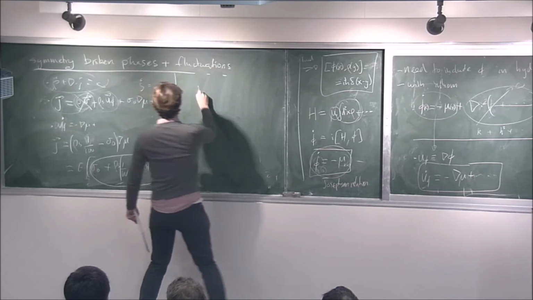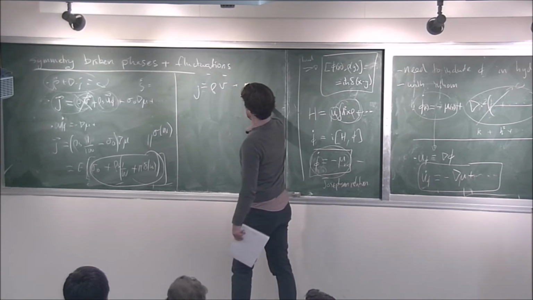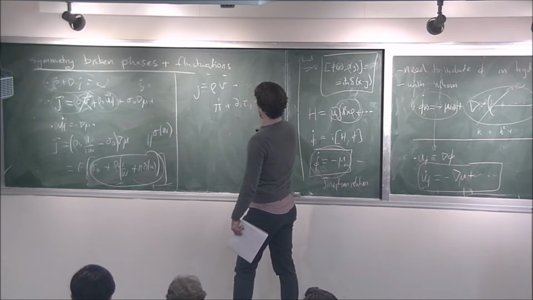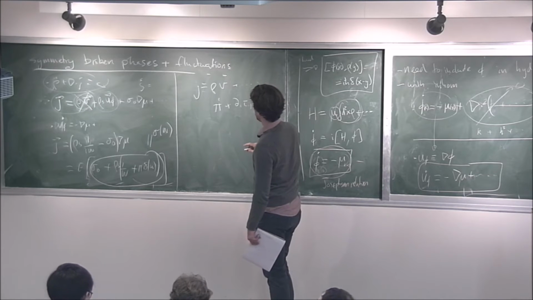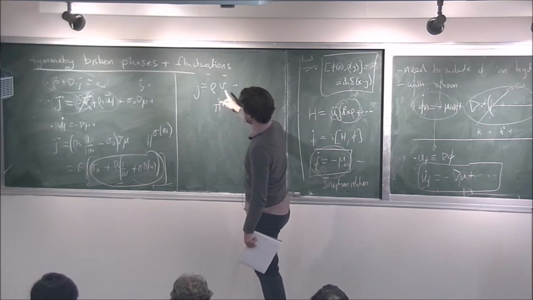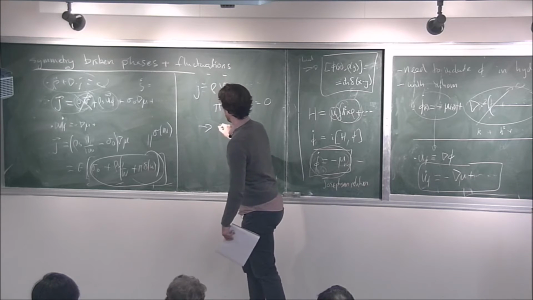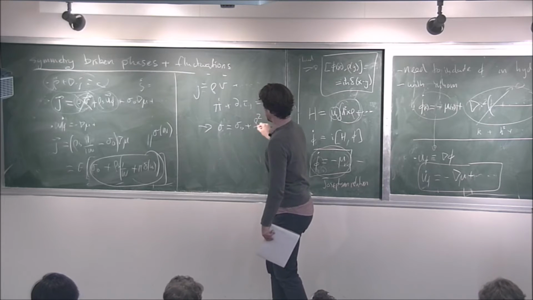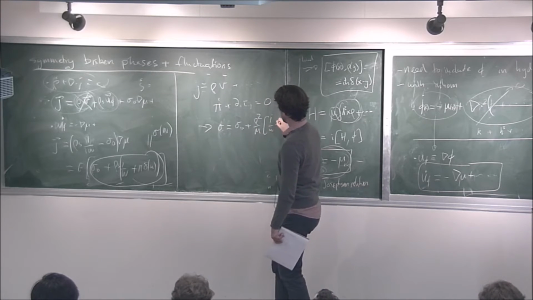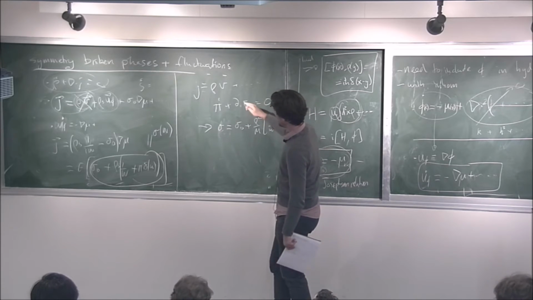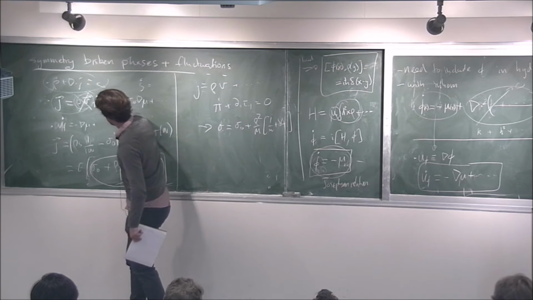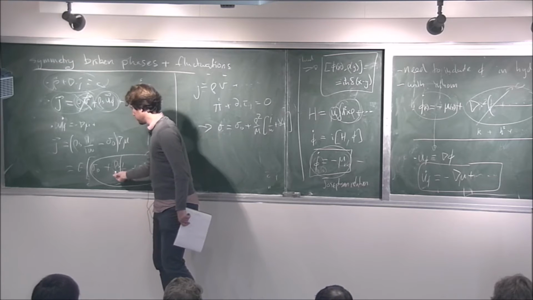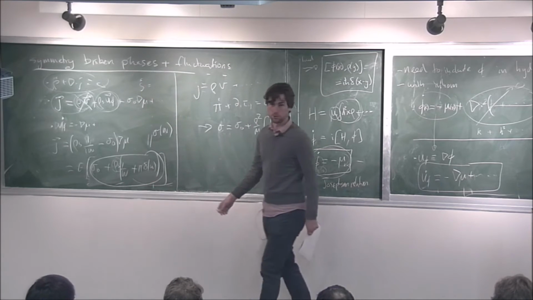Yesterday we had J was rho times the velocity, and then we had pi dot plus the divergence of tau, and we used this to derive that the conductivity was sigma 0 plus rho squared over m times i over omega plus this delta function. And now the same argument, but using the superfluid velocity instead of the velocity, says that the conductivity diverges, but now it's this superfluid stiffness that is proportional to, not the charge.